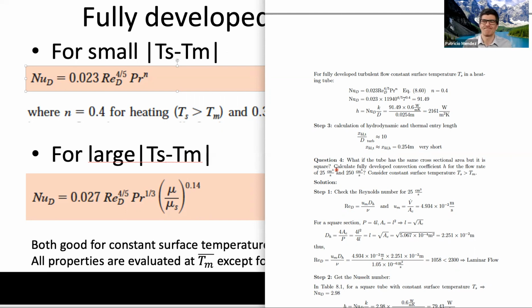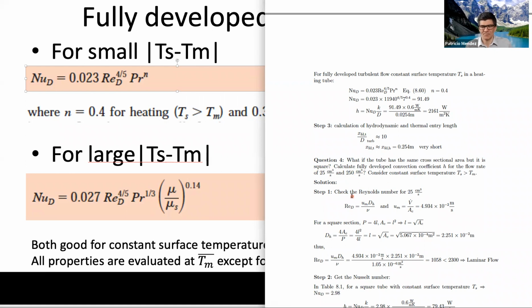And we can handle it, no problem. So we're talking about the 25 and 250 cubic centimeters per second. Let's consider both cases. One was laminar for circular tubes, and the other was turbulent for circular tubes. It's likely to be the same.